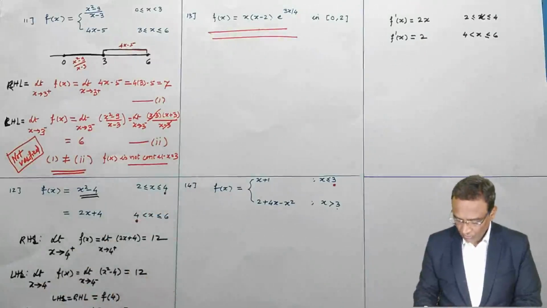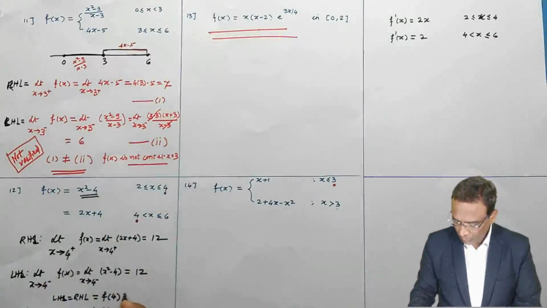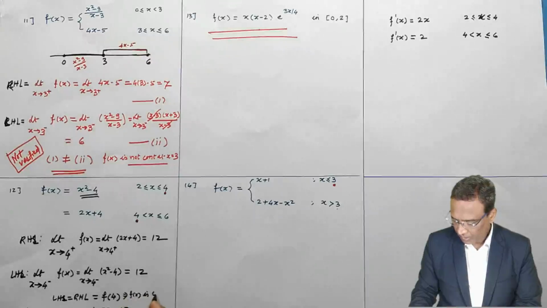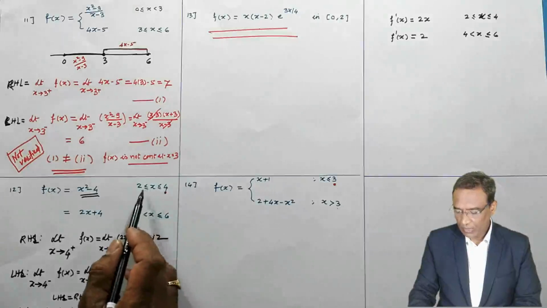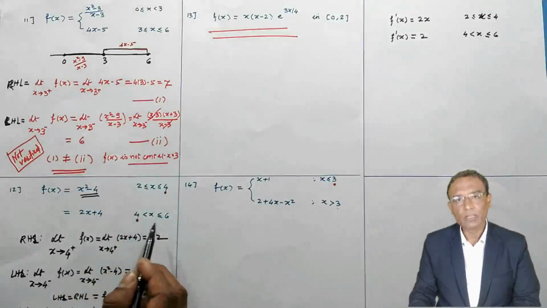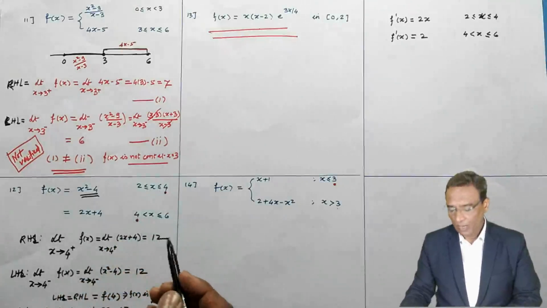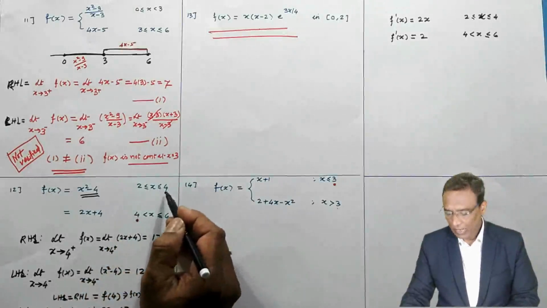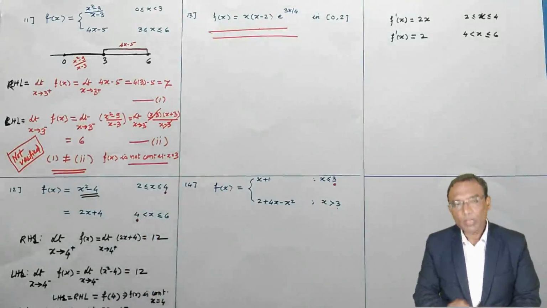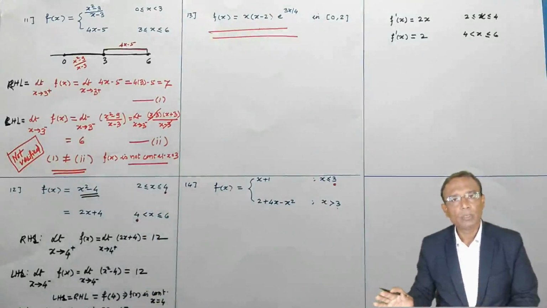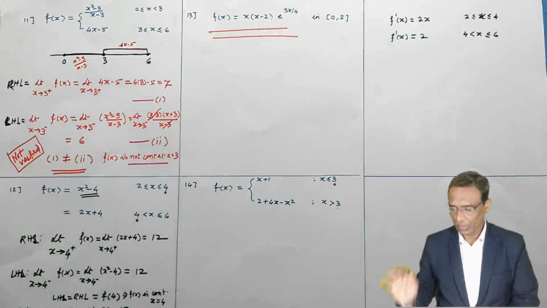At x equal to 4, the function is continuous. This implies f(x) is continuous at x equal to 4. We were doubtful about x equal to 4, and that we have checked. Therefore, the function is continuous throughout the closed interval 2 to 6.